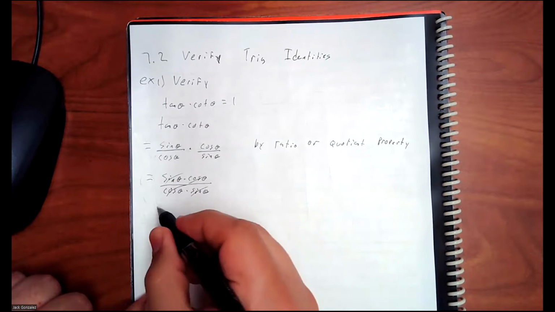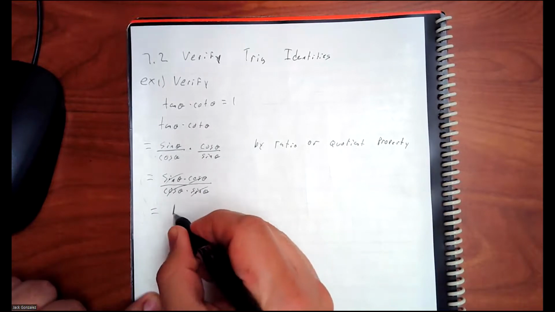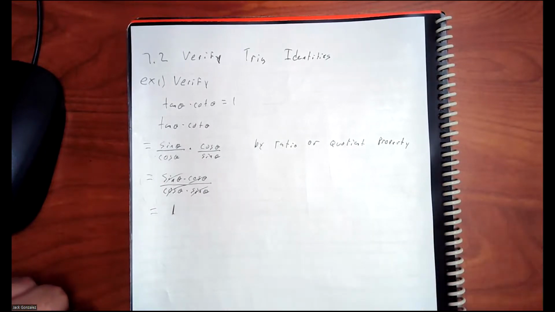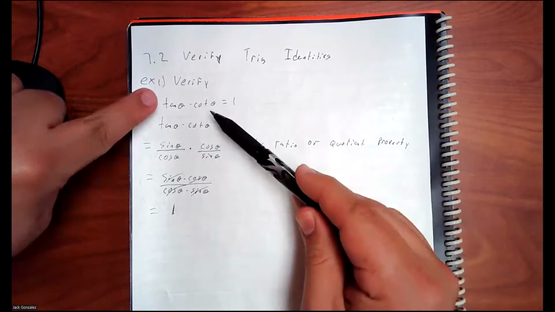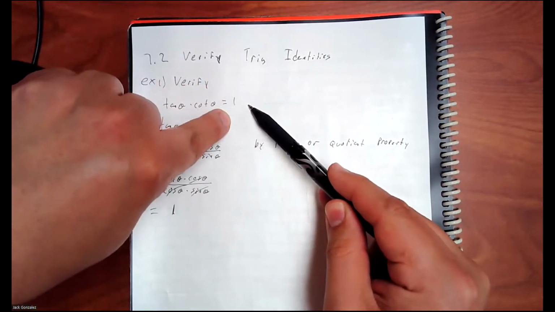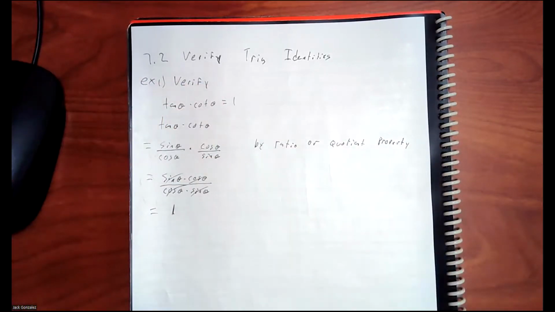When something cancels, you're left with a 1, not a 0. Don't forget. Everything canceled out. So now I have verified that this is indeed equal to 1. Did you see how the process works, like what you're going to have to do?